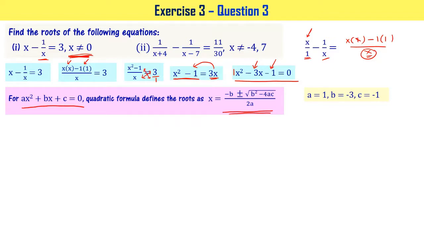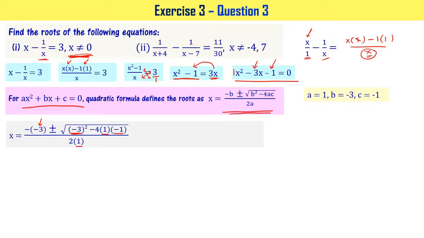Let's substitute these values into the quadratic formula such that I can write x equal to minus b plus or minus square root of b square minus 4ac divided by 2 times a, right?